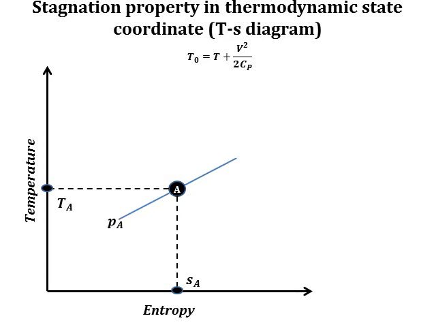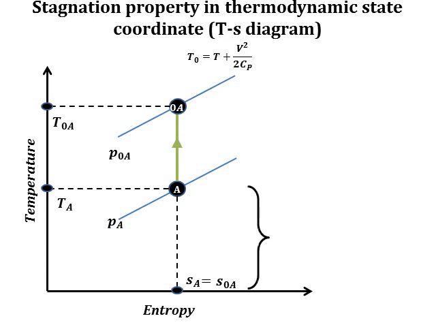The pressure line passing through A gives us the static pressure. We move vertically up in order to get the corresponding stagnation condition represented as 0A. We get the corresponding temperature, which is the stagnation temperature, and the entropy remains the same because it is an isentropic process. The pressure line passing through 0A gives us the stagnation pressure.